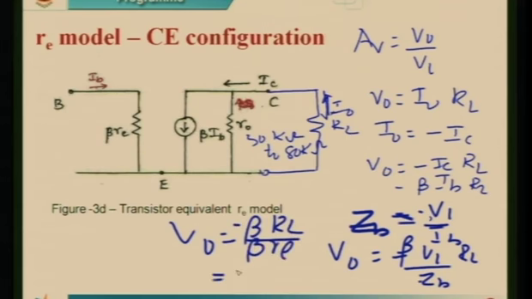So the voltage gain of a common emitter configuration is simply minus RL by RE, where the negative sign indicates a phase difference between the input and output signal.